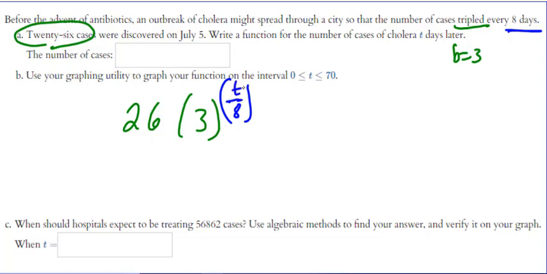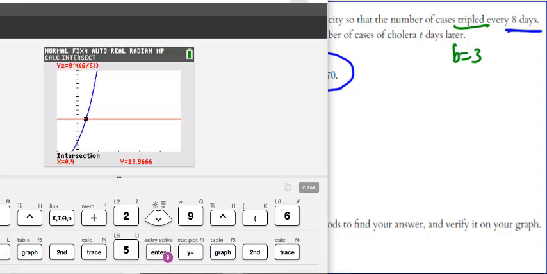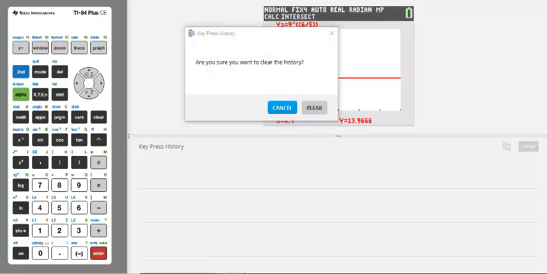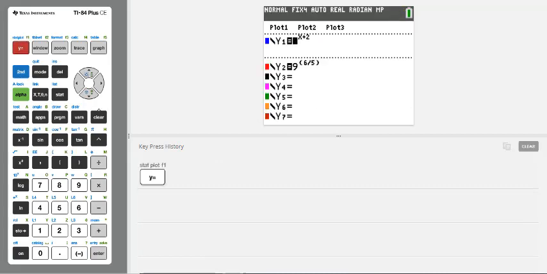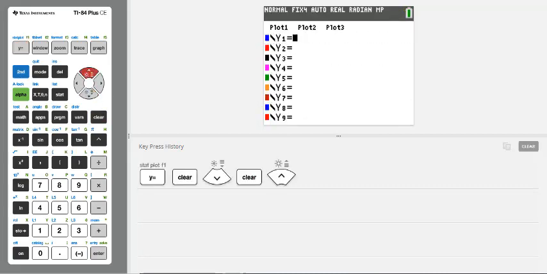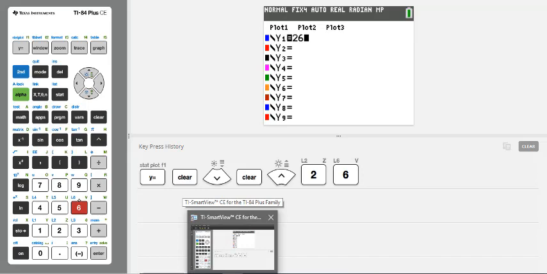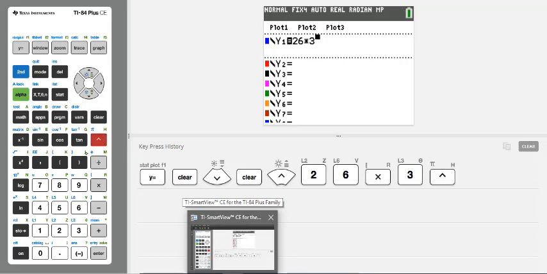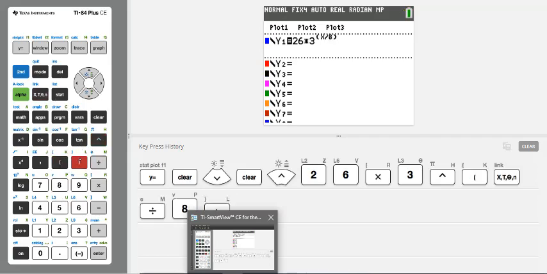All right, so now we're going to graph this, and we're going to put our x's from 0 to 70. So go to our graphing calculators, hit clear, y equals, clear, go back up, 26 times 3 raised to the parentheses x divided by 8, close parentheses.